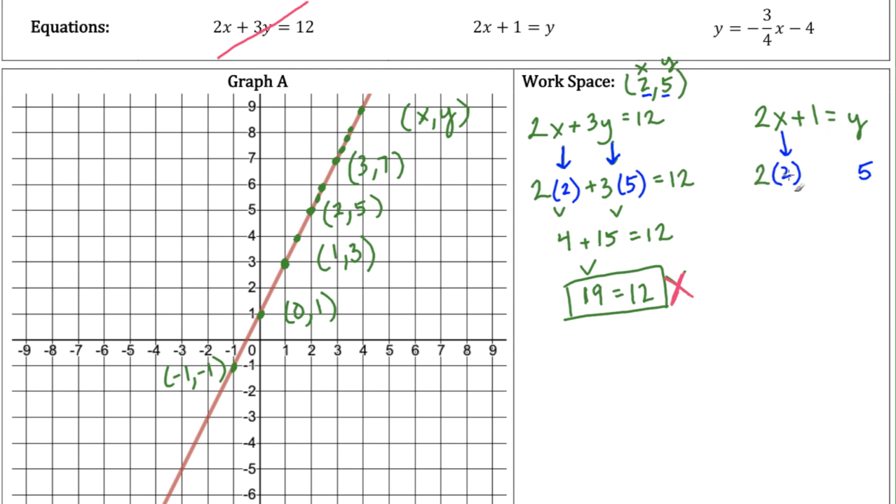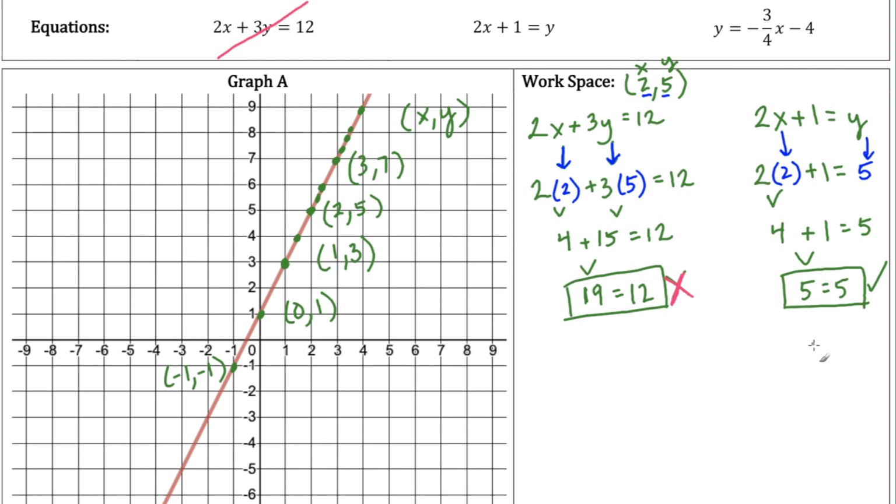So 2 times 2 plus 1 should equal 5. Okay, so let's check it out. 2 times 2 is 4, and we have plus 1 equals 5. It's looking good so far. 4 plus 1 equals 5. So this one looks fine.